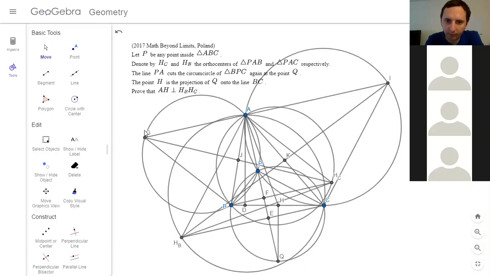These are both right angles. So it's like I have the circumcircle of APB and the circumcircle of APC, and then I draw the perpendicular to AP. So I have these two quadrilaterals. I think that could be useful.